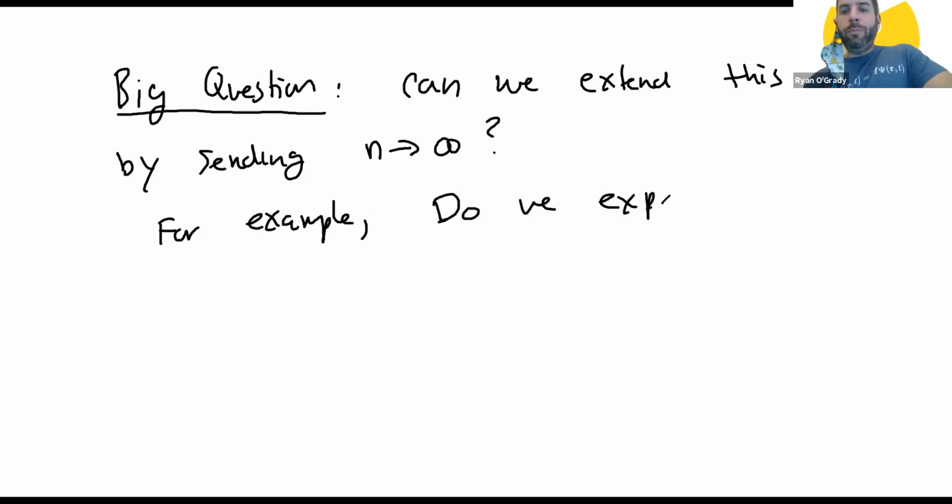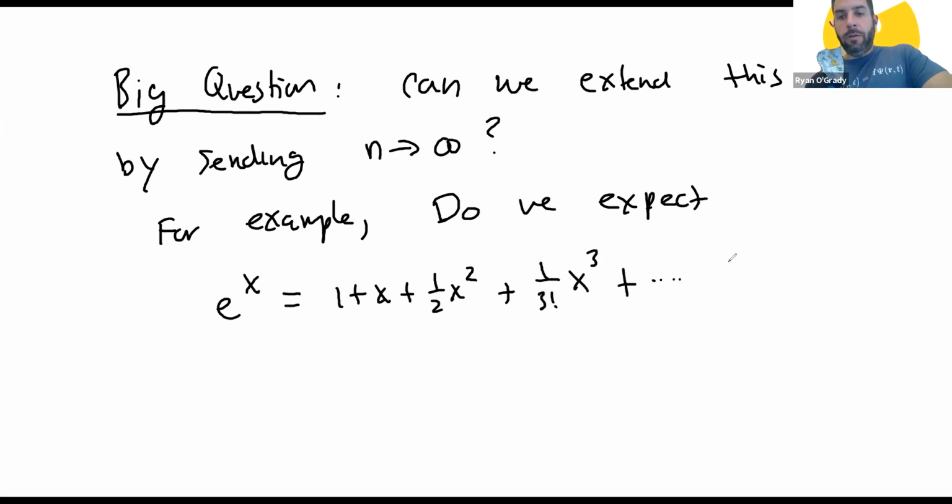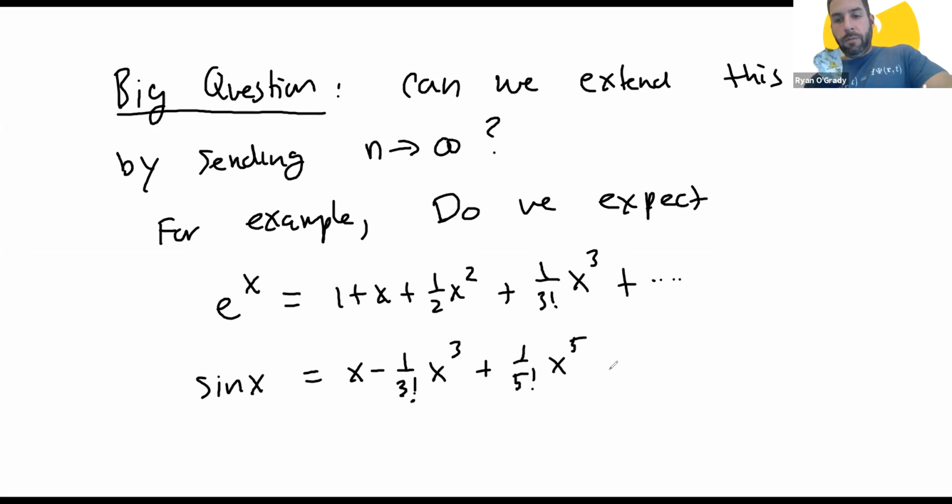do we expect e to the x equals 1 plus x plus 1/2 x squared plus 1 over 3 factorial x cubed, etc., forever? Do we expect that the sine of x is x minus 1 over 3 factorial x cubed plus 1 over 5 factorial x to the 5th minus 1 over 7 factorial x to the 7th?